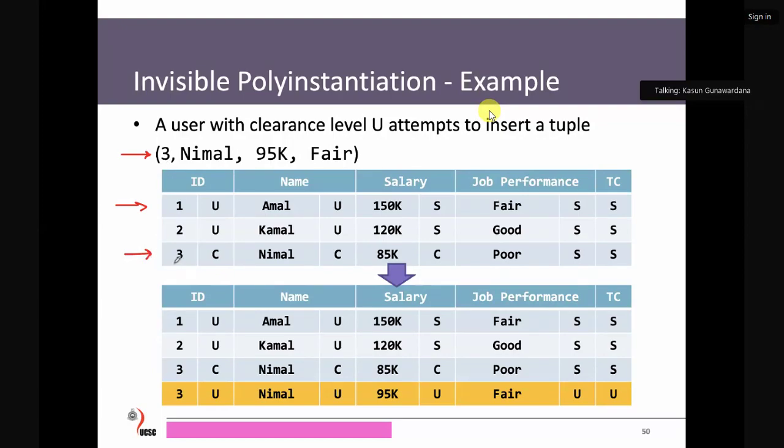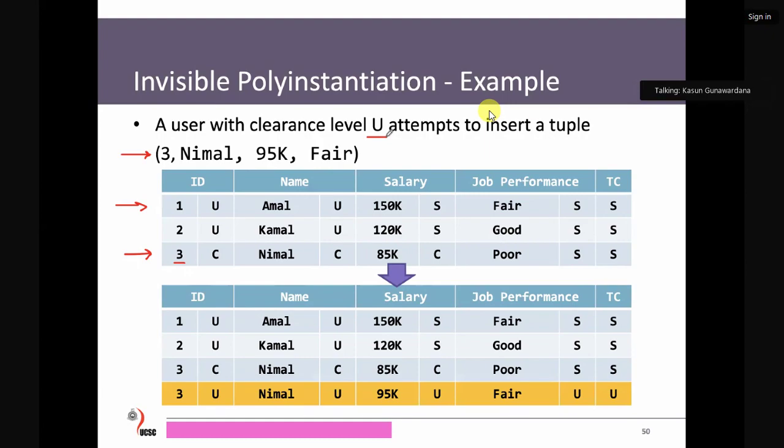Apparent key 3 exists, but it is at the confidential level. The user cannot see it because the user is at level U. Therefore, the user is unaware that there exists a tuple with the same apparent key.